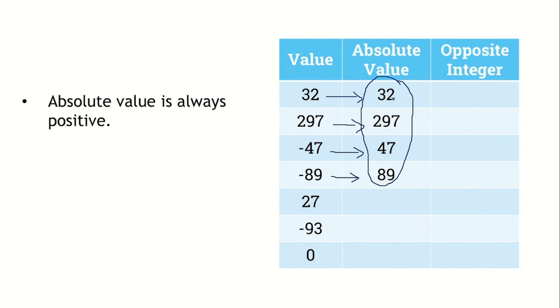So that's the first shortcut: absolute value is always positive. That means if we complete this table, the absolute value of 27 is 27. The absolute value of negative 93 is 93. And the distance of 0 from itself is just 0. Therefore, its absolute value is also 0.